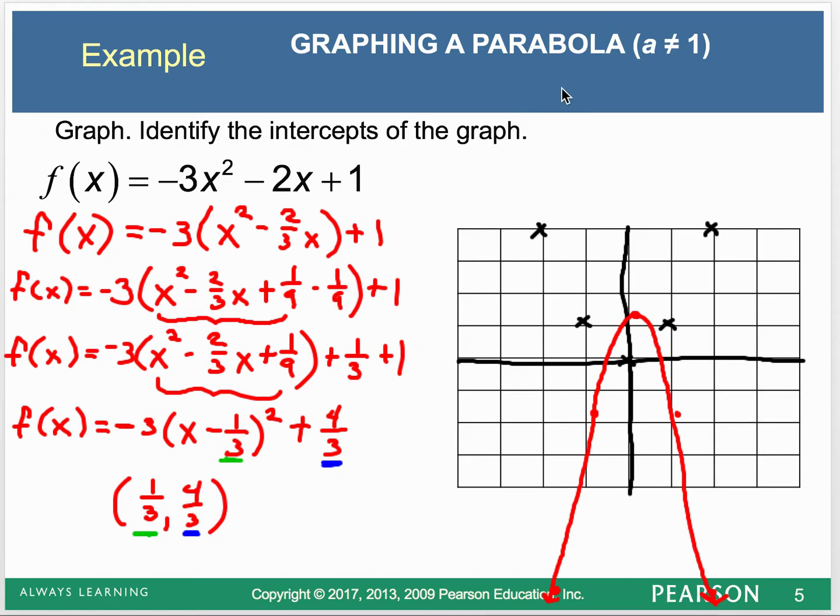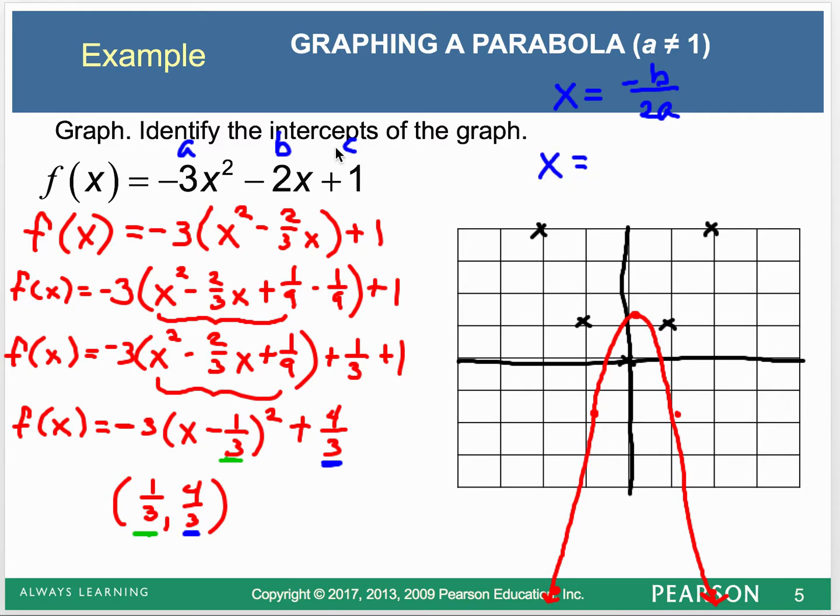We have a little formula that says the x part of your vertex is at -b over 2a. Remember where, when we have a quadratic, we always consider this a, b, and c. So let's see what that would be if we plug that in.